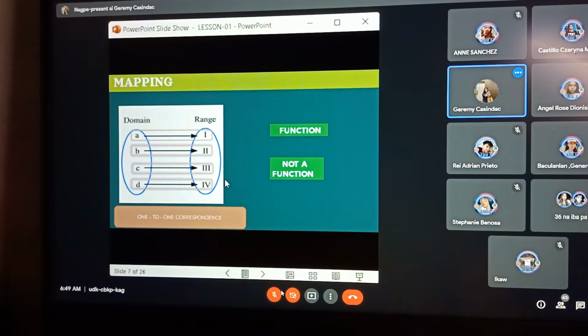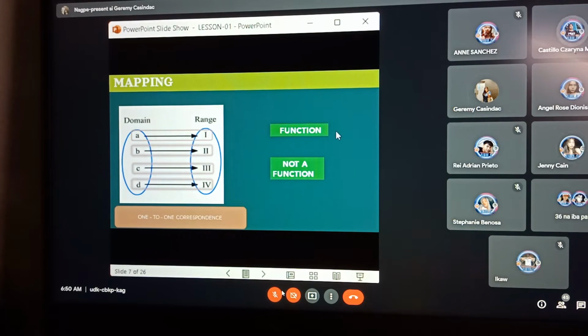Okay? So gaya ng kaninang slides natin, always remember that each element of domain must only have one element in range. So that's what you call a what? Function or not a function? Okay, John Warren.